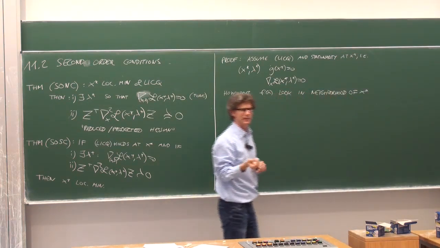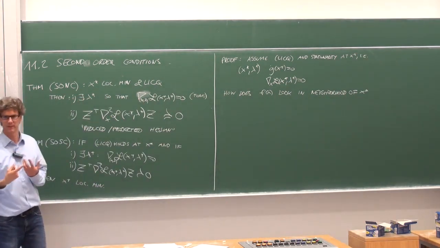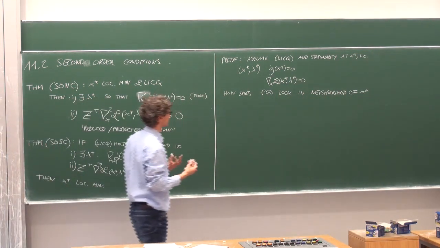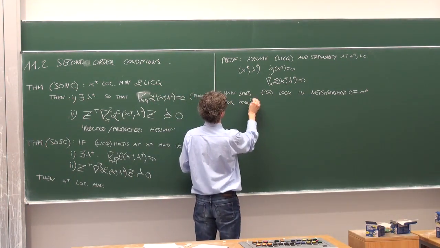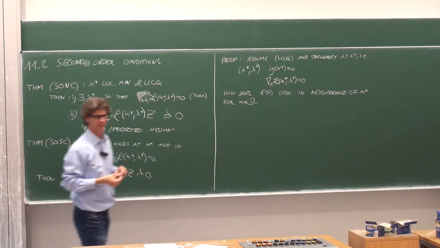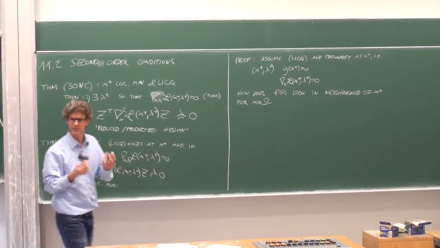But it's not the neighborhood alone, it must be the neighborhood in the feasible set, because we should only compare it with feasible points. So for any x in omega, we will have to compare it with all the other feasible points which are in the neighborhood.